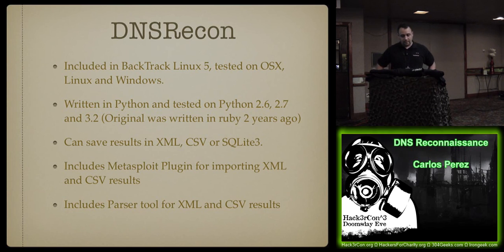The original DNSRecon tool, I wrote about 2 years ago. It was written in Ruby. It was included in Backtrack 4. It wasn't so good. The Ruby libraries kind of stank back then for doing DNS work. And then I shifted over from Ruby to Python. And Dave's quite happy about it.